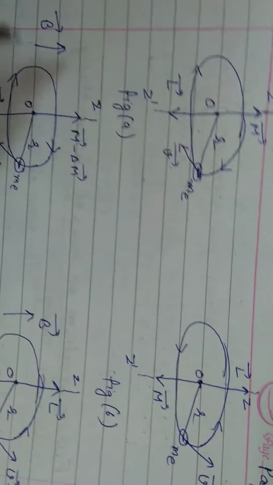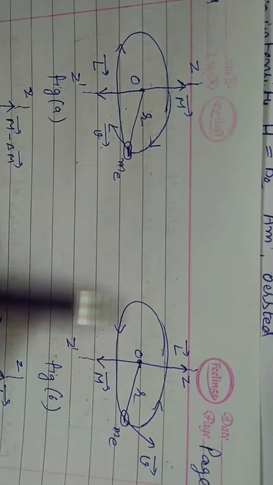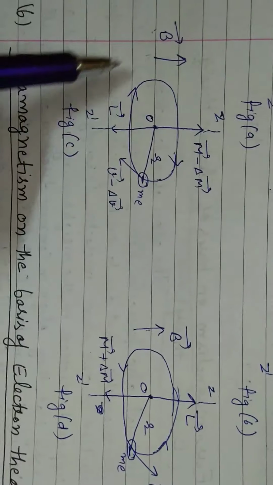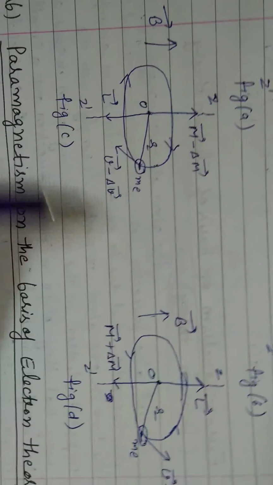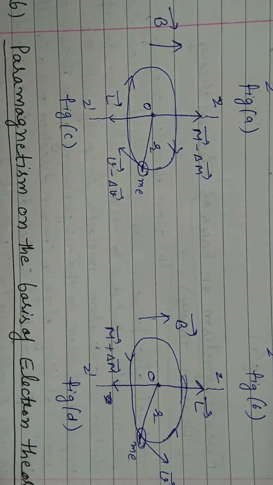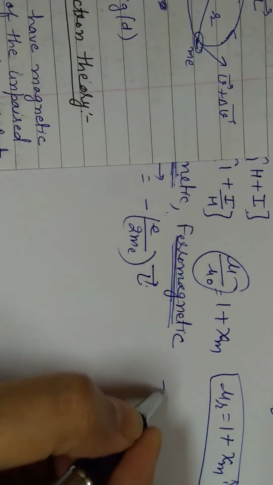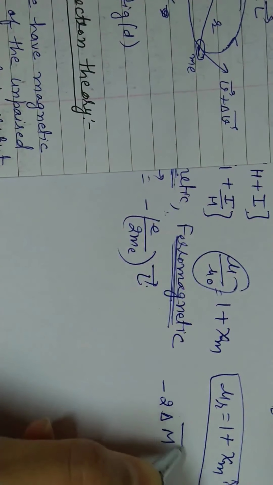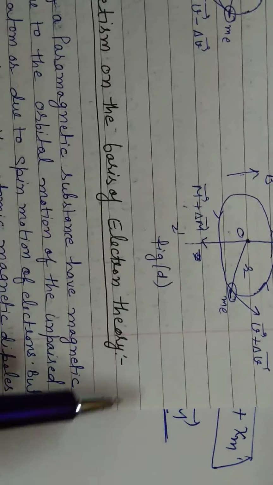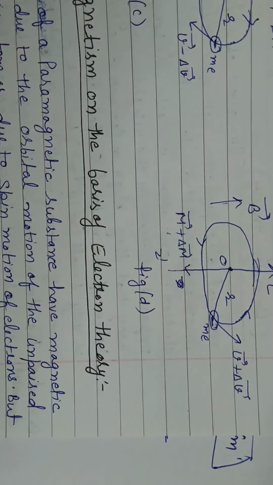Before applying the magnetic field, the paired electrons have net dipole moment 0, but after applying the field, they acquire a net magnetic dipole moment, minus 2 delta m vector, that is opposite to the applied field, and that behavior is called diamagnetism.